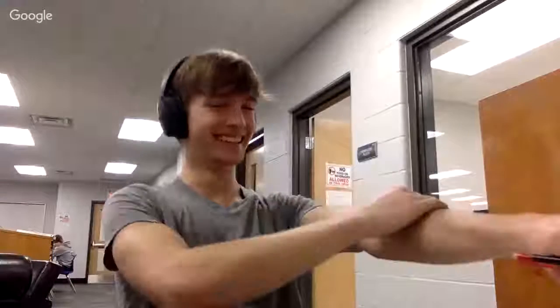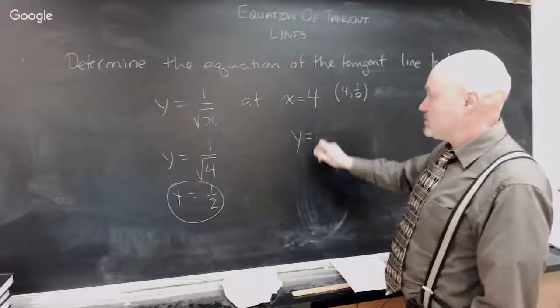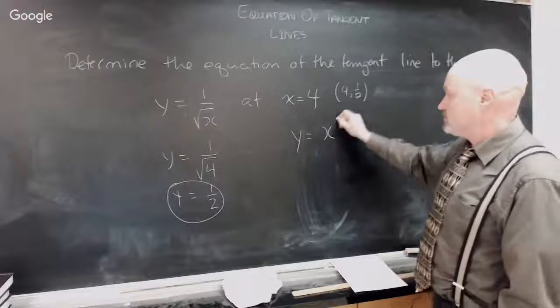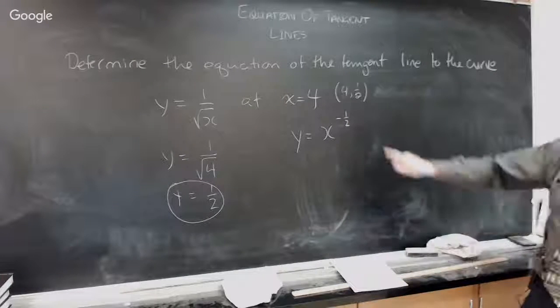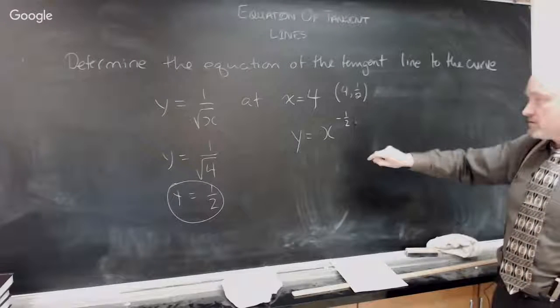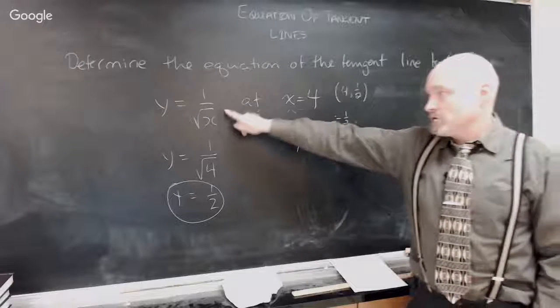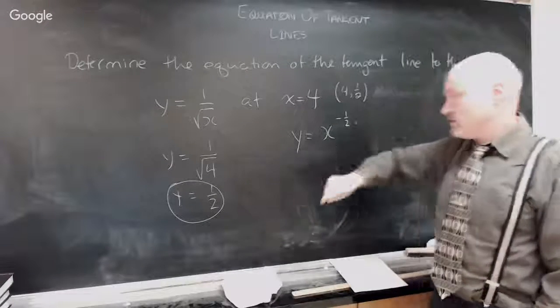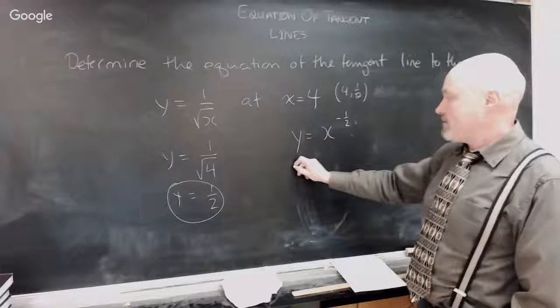Okay. Now the next thing we're going to do is turn this from radical notation into power notation, so that we don't have to do anything fancy. So I've turned y equals 1 over the square root of x into y equals x to the exponent negative 1/2.